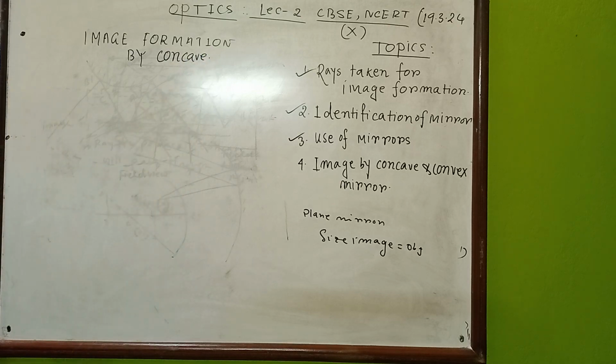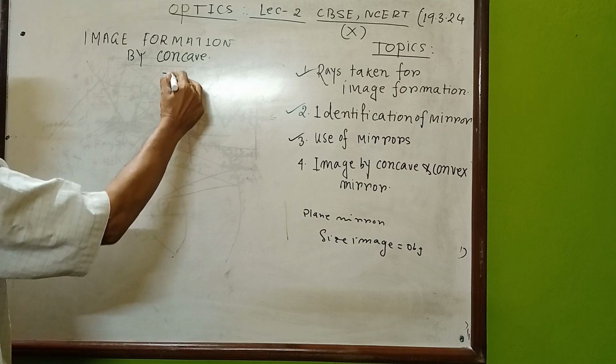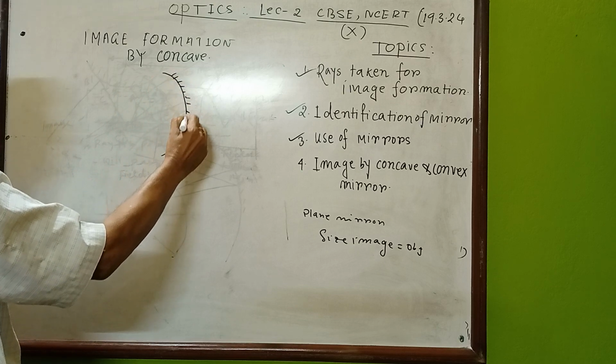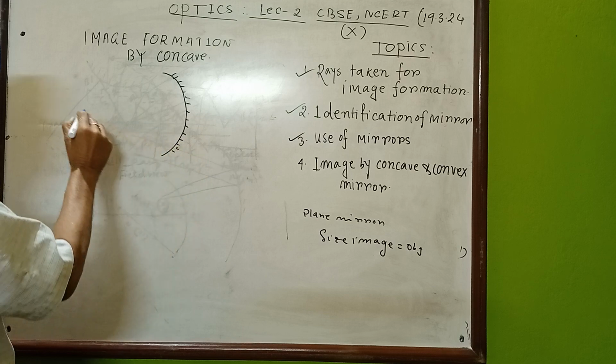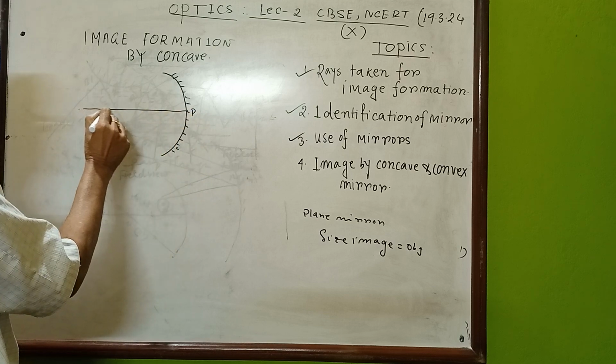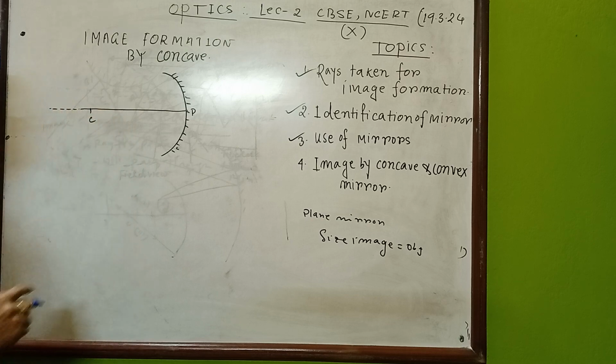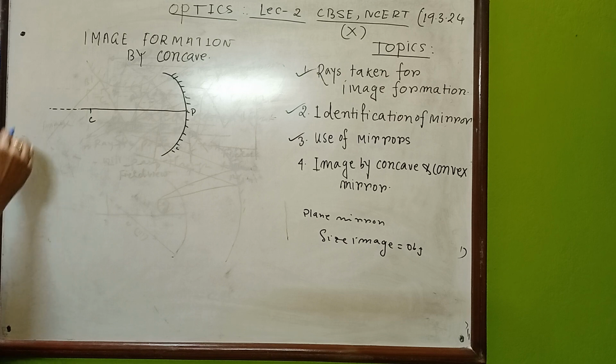First case, draw a concave mirror. Example I am giving you. This is the pole and this is the principal axis. This is the center of curvature. Clear? Now there are different positions.